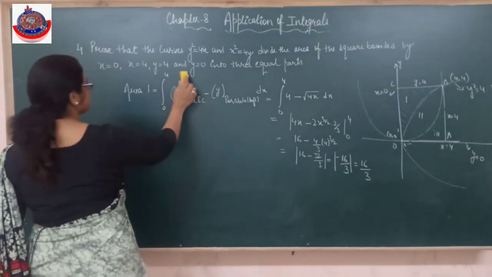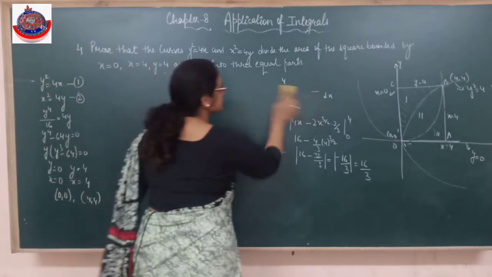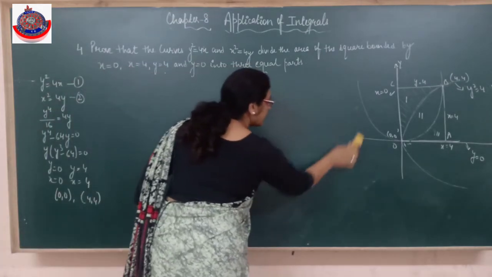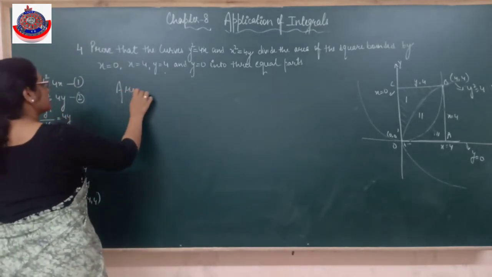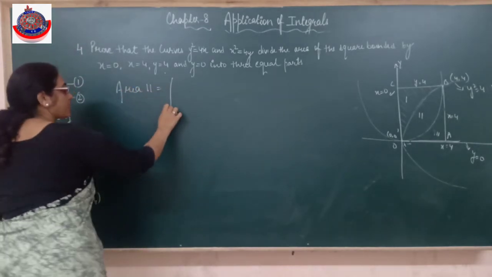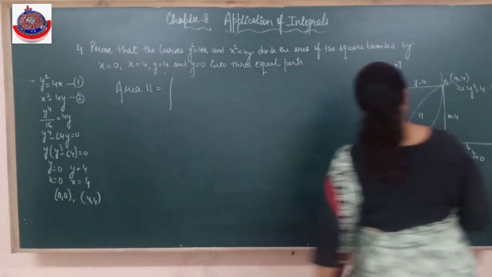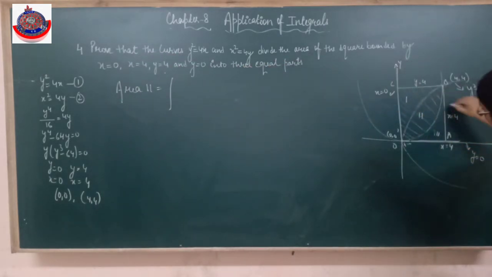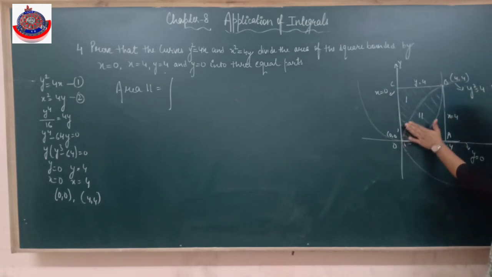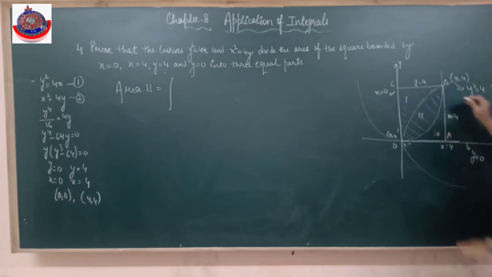Area 2, I hope it's clear. Let's find out area 2. अब area 2 कौन सा है? This is area 2. ऐसे तो हमने पहले भी क्वेश्चन किया. Area 2, this curve bounded by this curve will be complete area. माइनस ये चाहिए, और ये किससे बाउंड हो रहा है? नीचे वाले से. Is it clear?